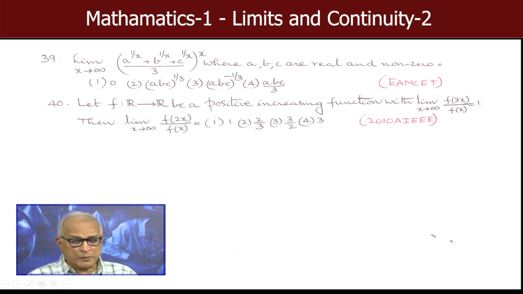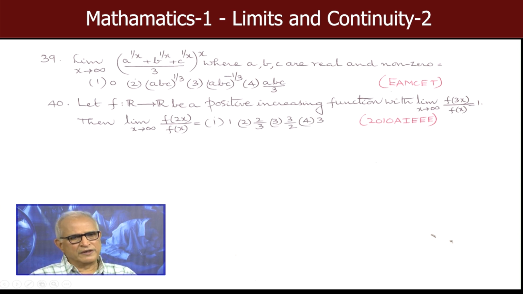Once again, as x tends to plus infinity, a, b, c, strictly speaking, must be given to be real, positive, not just real. Sometimes you cannot help it, because for real values of x, a power 1 by x is defined only when the base a is positive. The power function or exponential function a power x is defined only when a is positive.